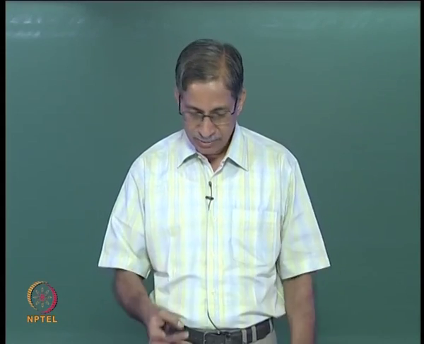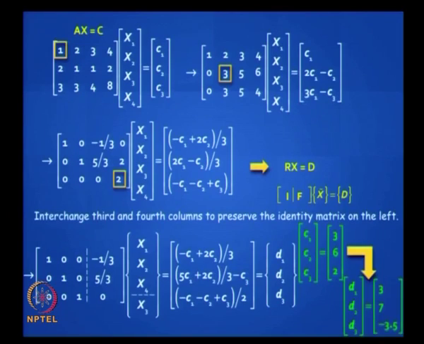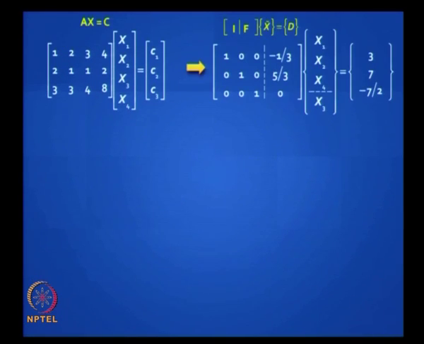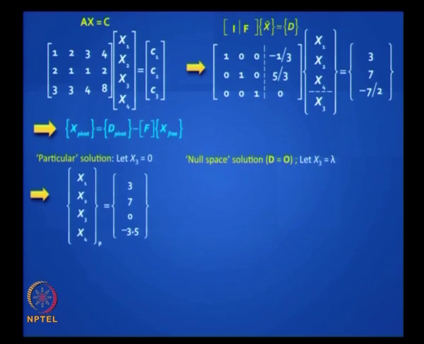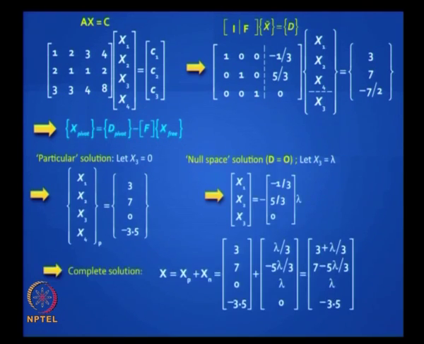In this case you have to do that, and they look like this. If your constants have numbers like 3, 6, 2, after your elimination they look like 3, 7 and minus 3.5. You solve this, find the particular solution, find the null space solution, and it is similar to the first type of problem except consistency is not there.